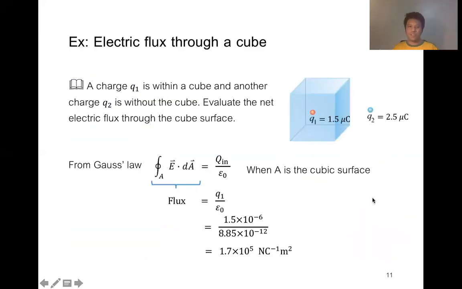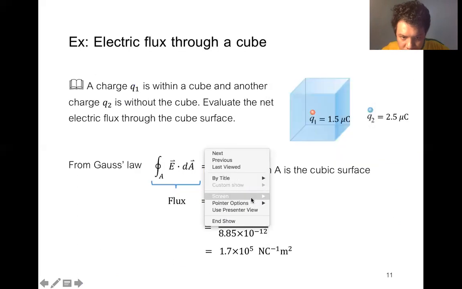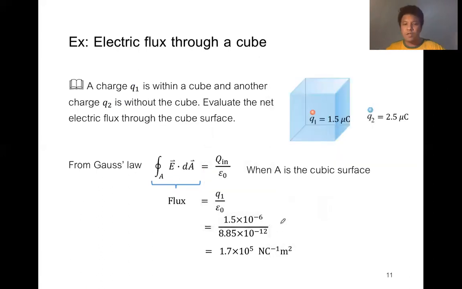Okay, so for example, let's try to find the electric flux through a cube using Gauss's law. From this example, we see that the charge Q1 is within the cube, and the other charge Q2 is outside the cube.